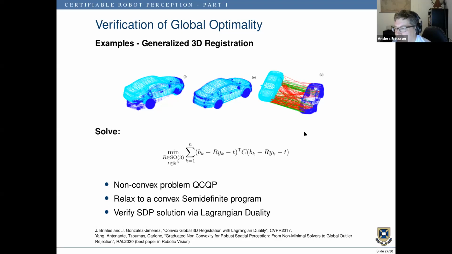And you do it in such a way that it does not only involve points, but it might also involve lines and planes. That problem itself, you want to solve something that looks a little bit like this. You can formulate that as a quadratically constrained quadratic program, denoted QCQP. It can easily be shown that, especially in this case, that is a non-convex problem.